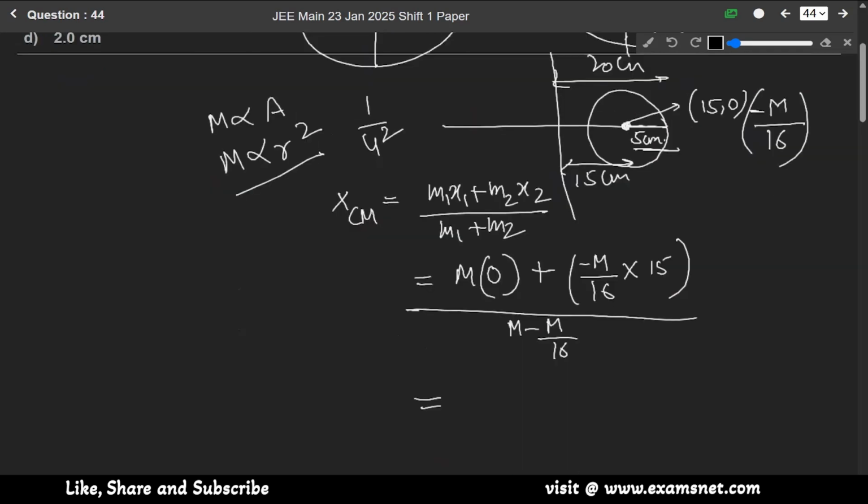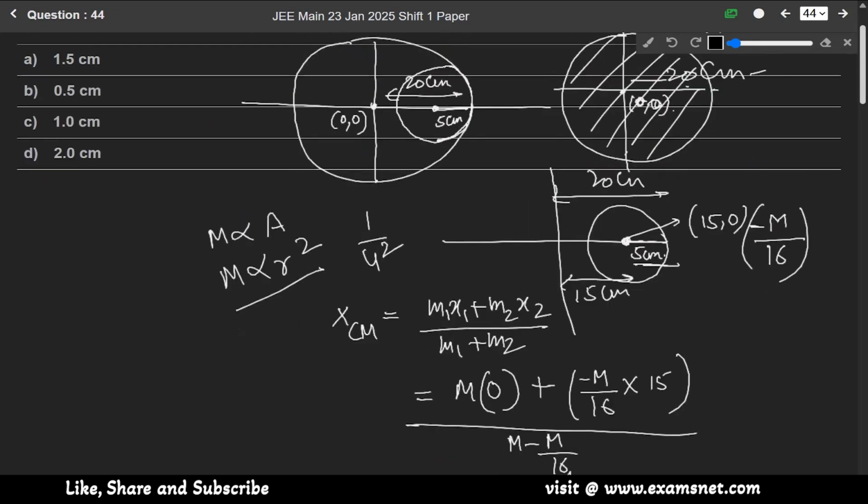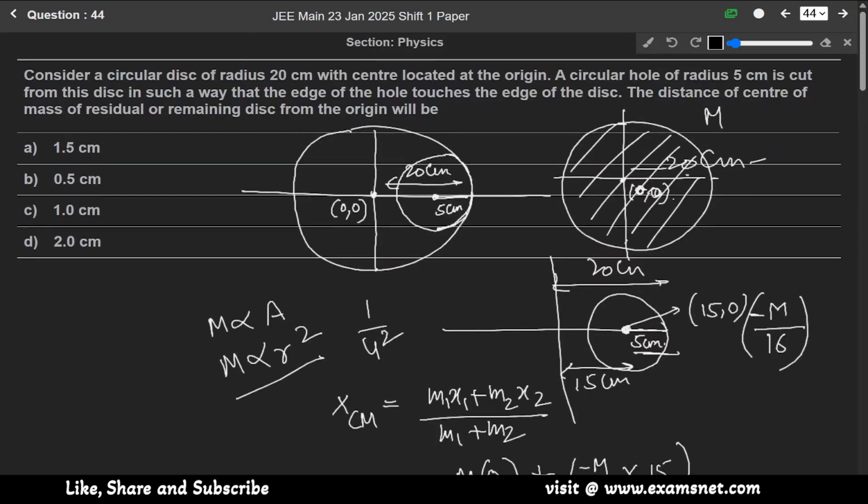So it will be minus 15 over 16 m over 15 over 16 m. When we solve it, we get minus 1. So our answer is minus 1, meaning in magnitude it will be 1 centimeter. Okay, so option C is the correct answer.